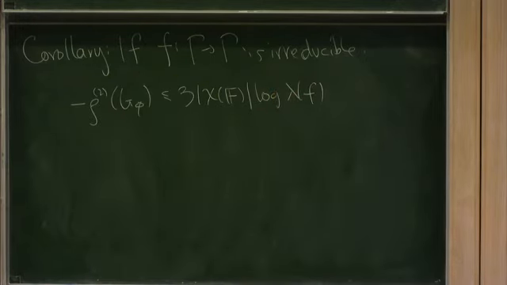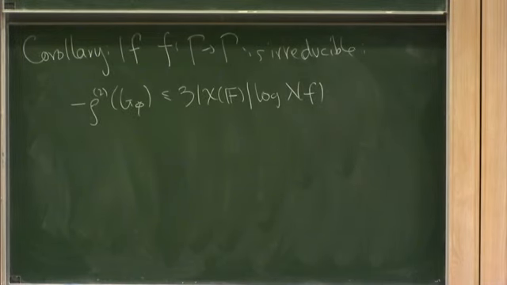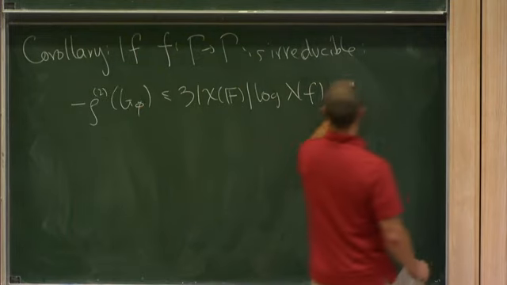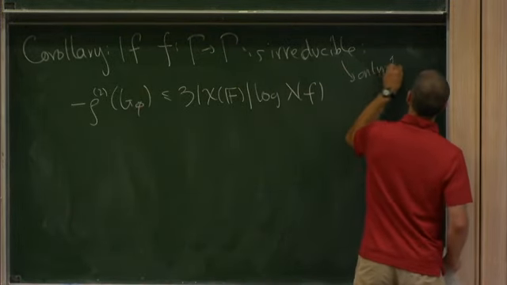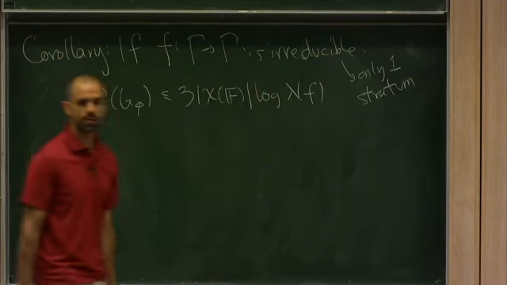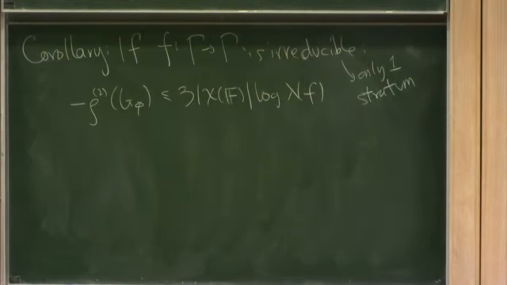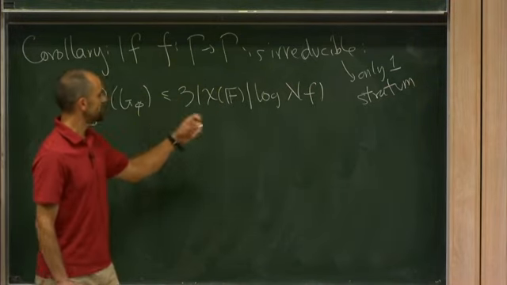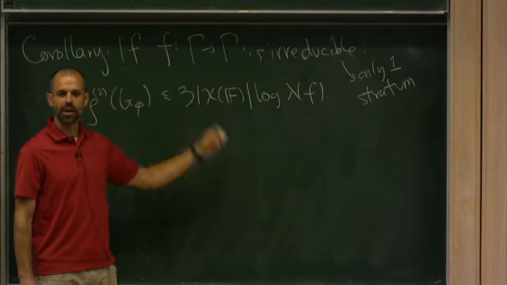And this lambda f, in this case when it's irreducible, there's only one stratum. So the transition matrix itself is already irreducible, and this is just the Perron-Frobenius eigenvalue for that matrix. And it's also the growth rate, just like Echo mentioned the other day: take a generic element in the free group, take some basis, and look at the cyclic length and see how that grows. Okay? Yeah, so where do you get the 3? Well, this is just the most number of edges you can have in a trivalent graph.